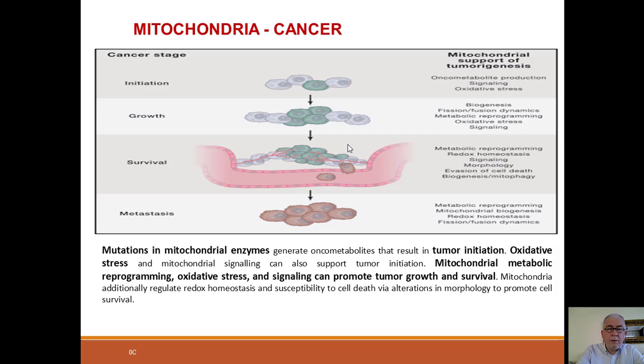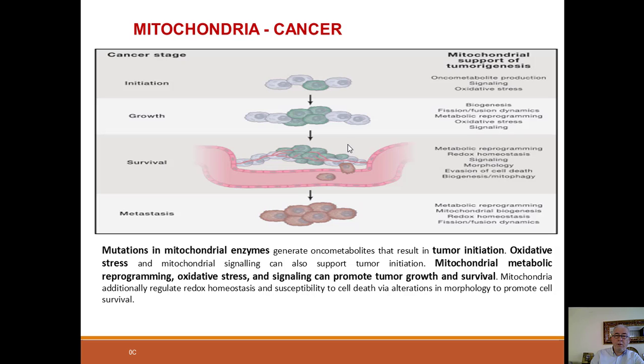After that, I would like to give some information about the relationship between disease and cancer, because when you look at the mitochondria and cancer relationship, we know very well mutation in mitochondrial enzyme generate oncoproteins that result in tumor initiation, and oxidative stress and mitochondrial signal can also support tumor initiation.